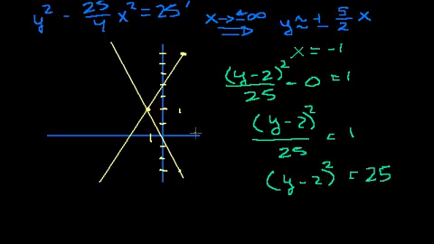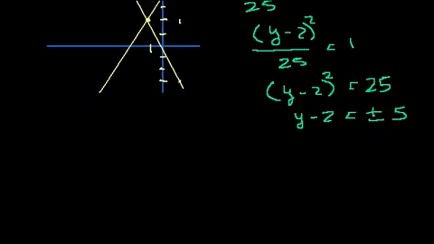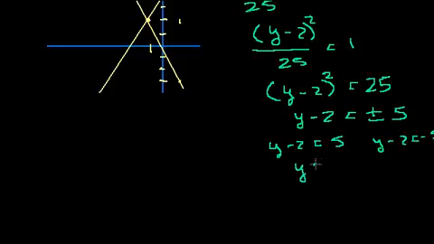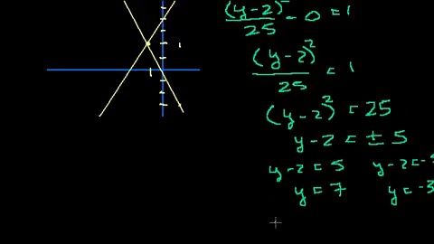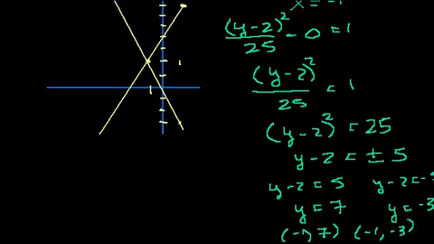Taking the square root of both sides, y minus 2 is equal to plus or minus 5. So y minus 2 is equal to positive 5, or y minus 2 is equal to minus 5. Add 2 to both sides and you get y is equal to 7, or y is equal to minus 3. So we know that the points minus 1, 7, and minus 1, minus 3 are both on this graph.